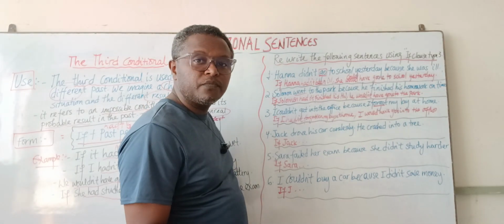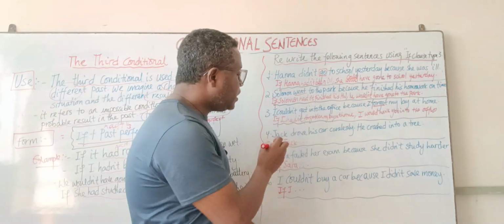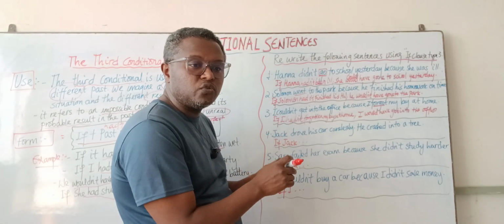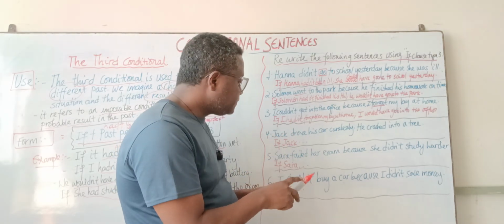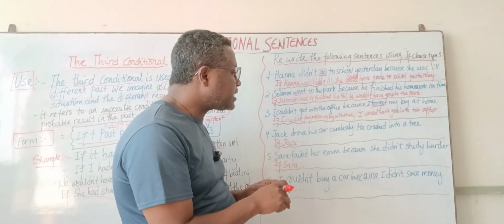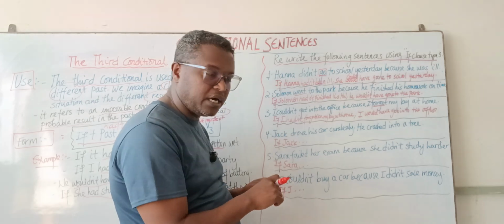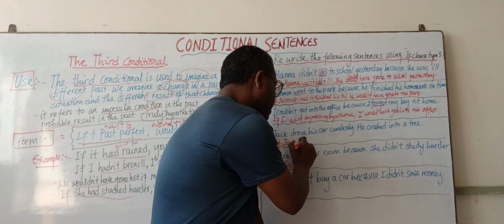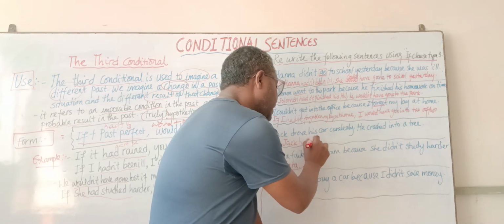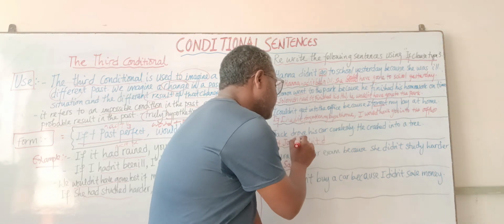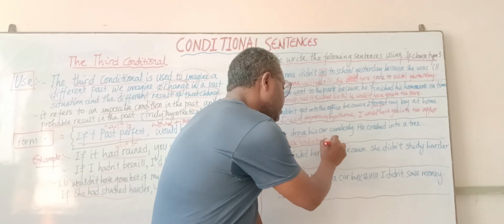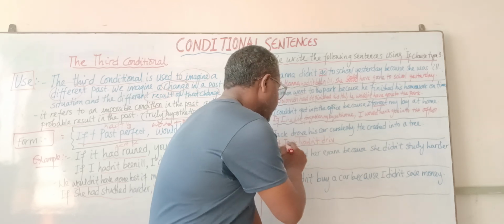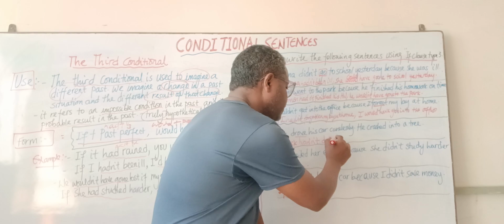we need to change them into the appropriate form. Jack drove his car carelessly. He crashed into a car. If Jack hadn't, the verb is drive, so driven, the past participle, because we need past perfect in the if clause.